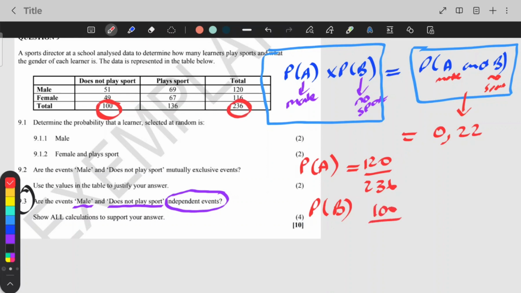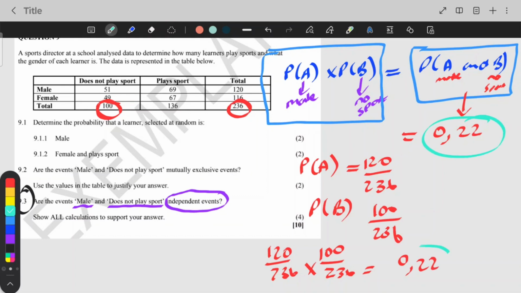Now I'm going to just multiply this times this and see what that answer is. And I get that answer to be 0.22. So can you see that the right-hand side is the same as the left-hand side? And because the answers are the same, therefore the events are independent.